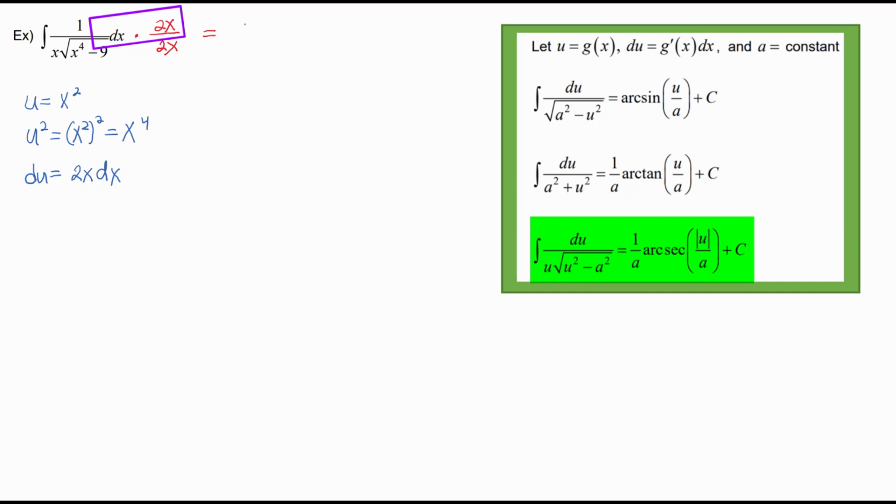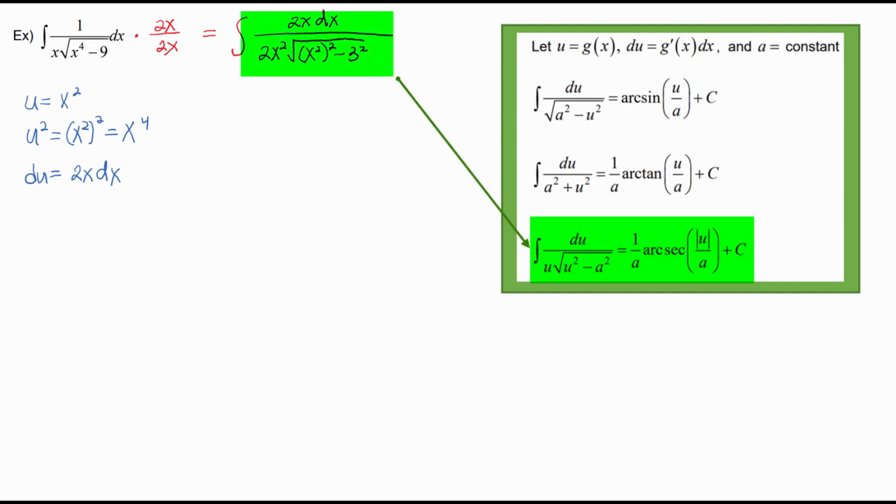So then I do have now integral of 2x dx, which I can turn into du now. And I multiply 2x times x in the front of radical, I get 2x squared. Radical x to the fourth is x squared square minus 3 square.